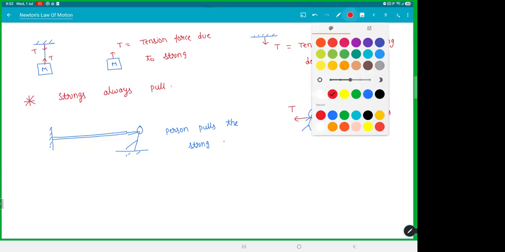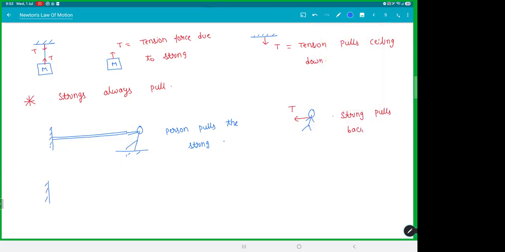But if you try to push, the moment you push, the string will simply become slack. There'll be no tension. The string becomes loose. Yeah, it looks silly, but it's an important thing. There'll be no tension. So keep this in mind.